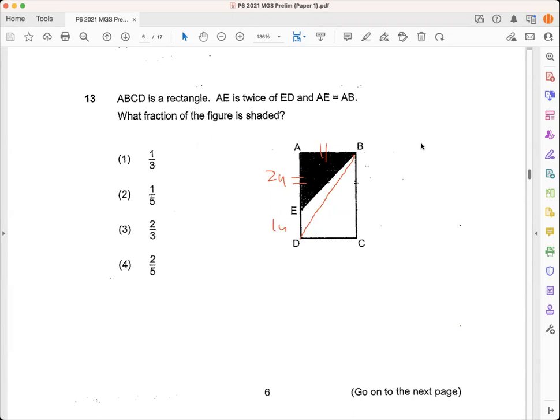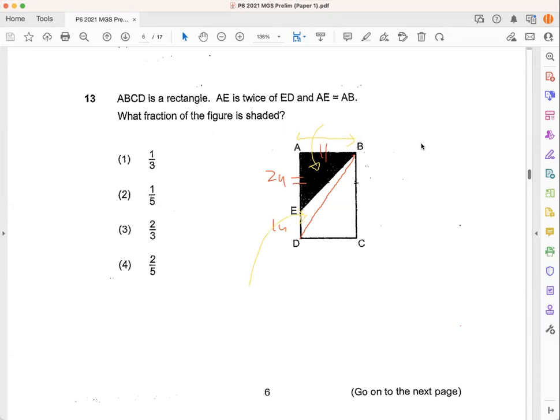Now, do you notice that this triangle and this triangle both share the same height, which is this. Because they share the same height, I can say that their area is proportionate to their base.